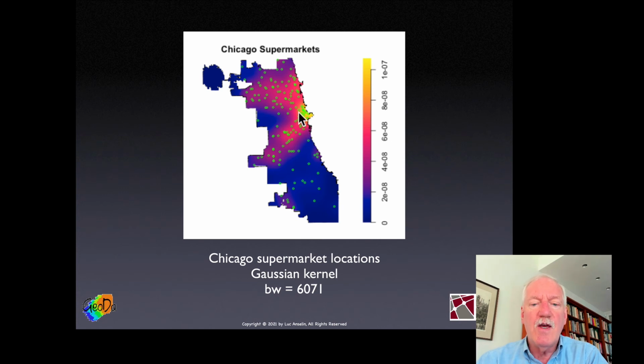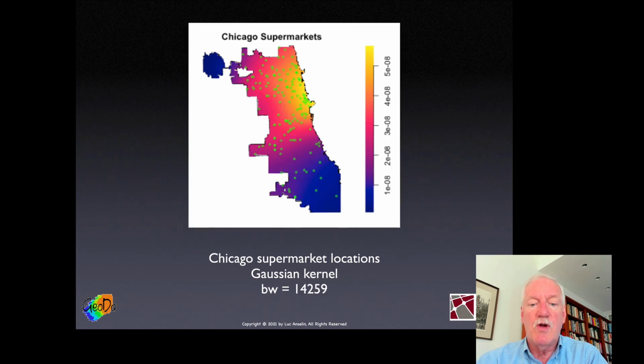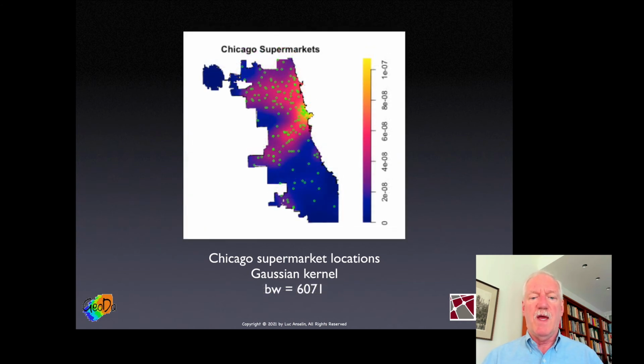So the area of high intensity shrinks to just the loop and the area immediately outside the loop, and then we have two branching out areas that are not quite as bad, but then the dark blue area is much larger relative to the larger bandwidth. So this illustrates the importance, or I should say the sensitivity, of the result of a kernel density map, or a heat map if you prefer to call it that, to the selection of the bandwidth.